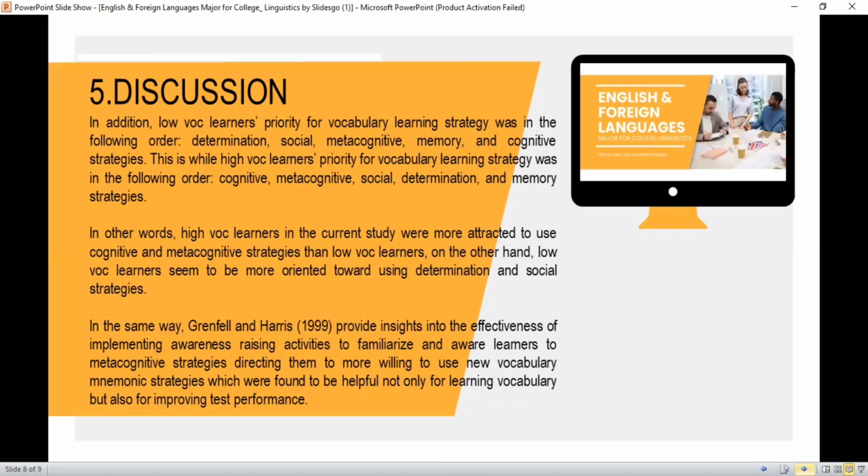On the other hand, low proficiency learners seem to be more oriented toward using determination and social strategies. In the same way, Gu and Abrams provide insight into the effectiveness of implementing awareness-raising activities to familiarize learners with metacognitive strategies, directing them to be more willing to use new vocabulary mnemonic strategies, which were found to be helpful not only for learning vocabulary but also for improving test performance.